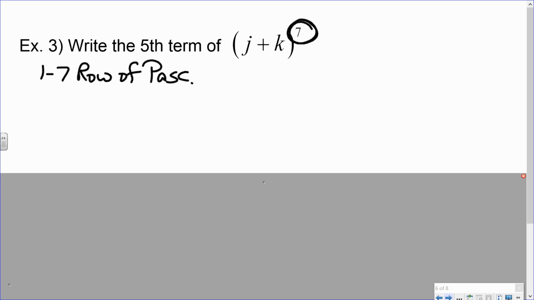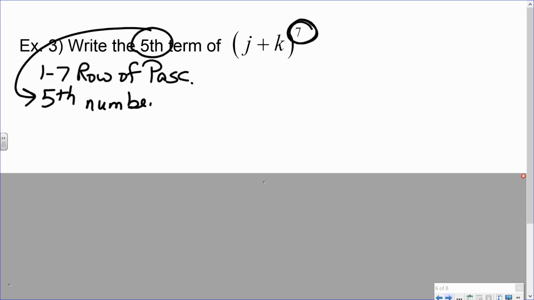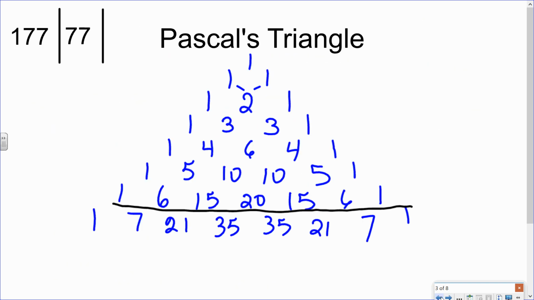And I need to look for the fifth number in that row. What is that going to be? The 1, 7 row is this last row that we wrote down. 1, 2, 3, 4, 5. So this is 35.